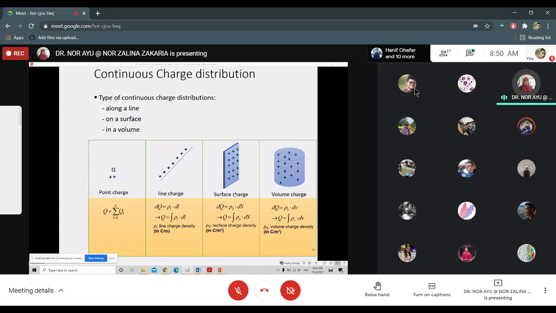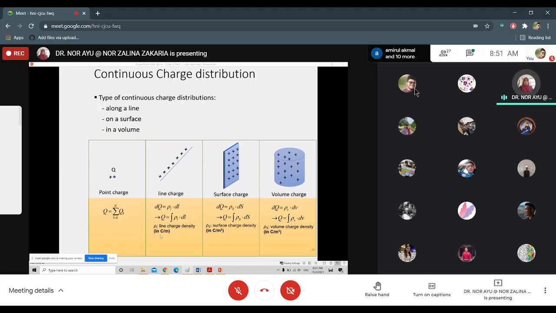For the surface charge, the charge will be equal to the integration of rho S dS. Because we have the surface area, you need to know which surface and which coordinate system you are using. Then the volume charge is Q equals the integration of rho V dV.